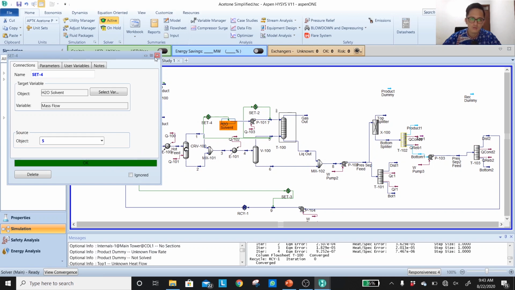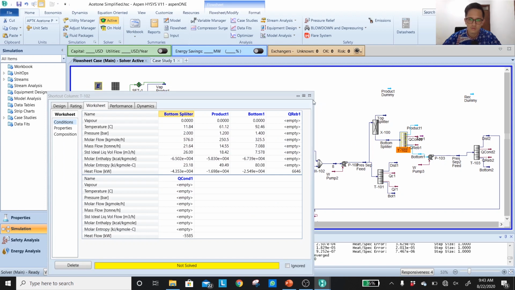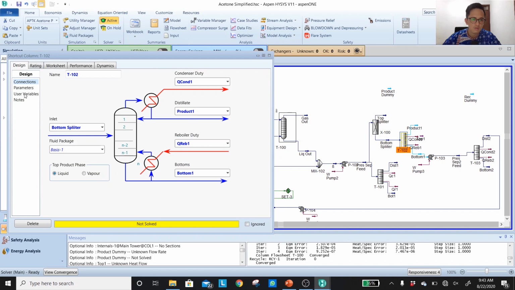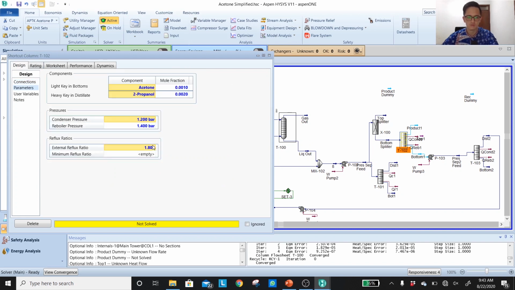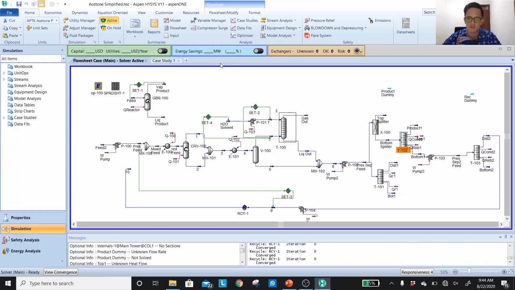Okay, so what's the problem now? 1.8. Okay, everything's good. I hope now we're ready to connect the mixer. Okay, stream 10 to the mixer.